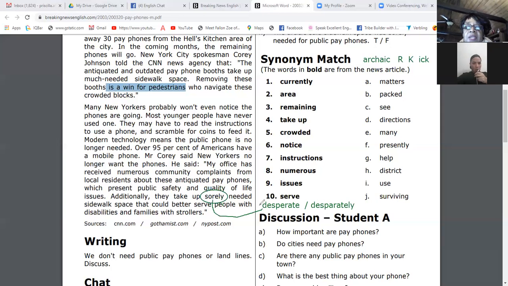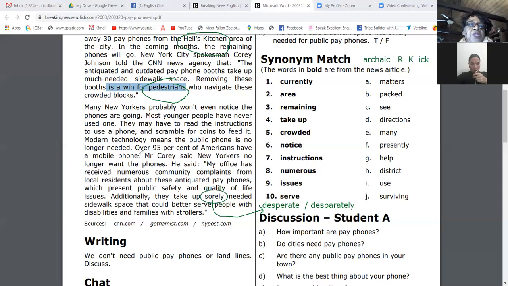Any questions about the article that you read? No, not really. So you had a question about pedestrian, and you had a question about Hell's Kitchen, and antiquated as well.